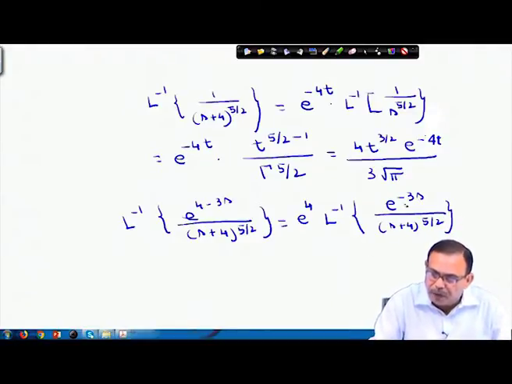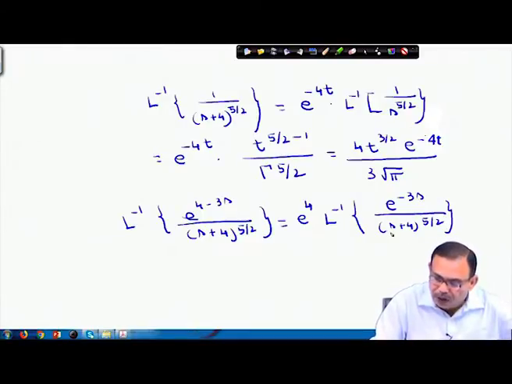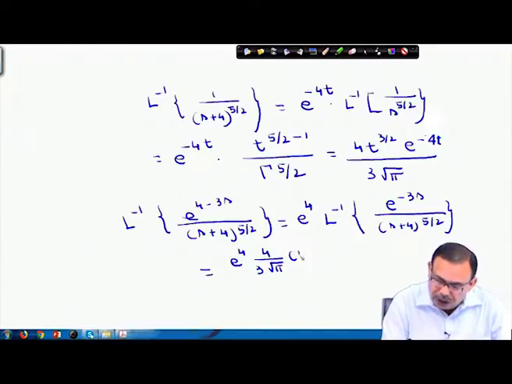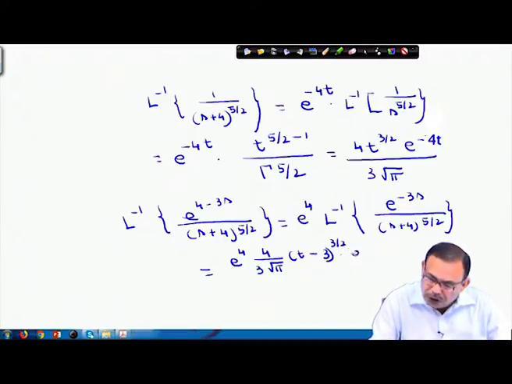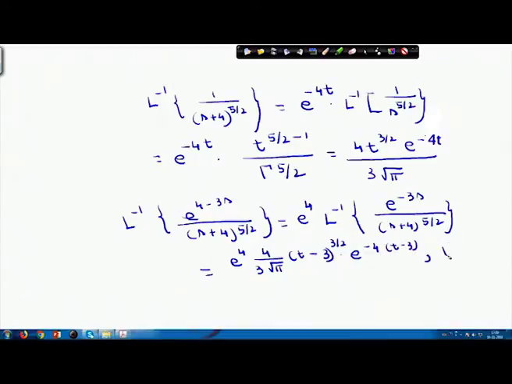Laplace inverse of e power minus 3 s divided by s plus 4 whole to the power 5 by 2. I can write it as a function like this: 4 by 3 root pi into t minus 3 to the power 3 by 2 into e power minus 4 into t minus 3, whenever t is greater than 3, and it is equal to 0 otherwise.